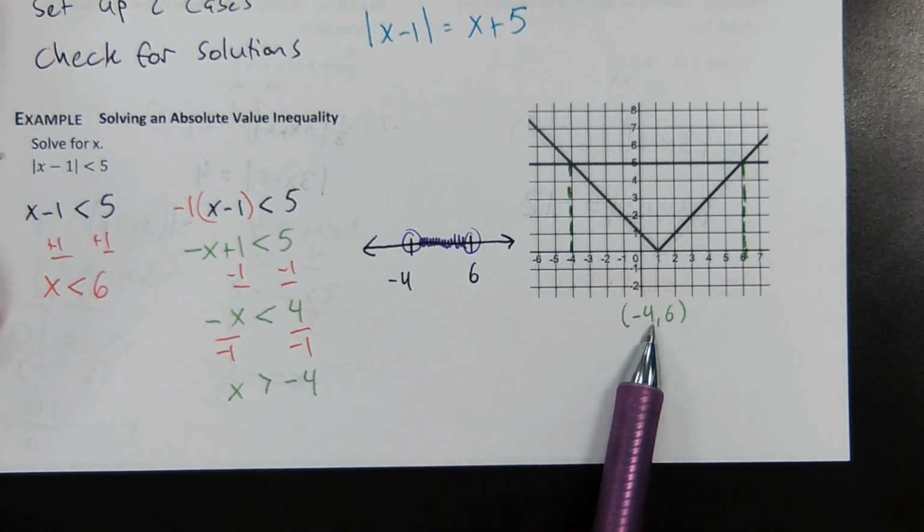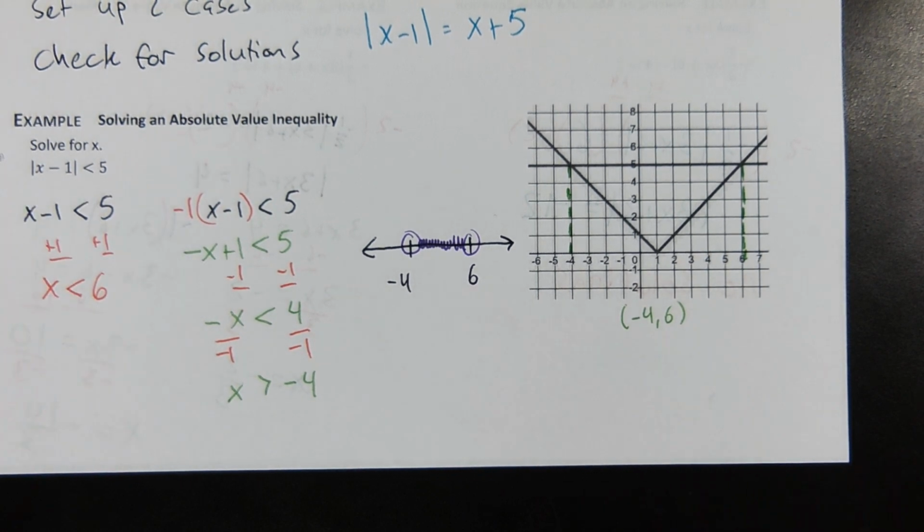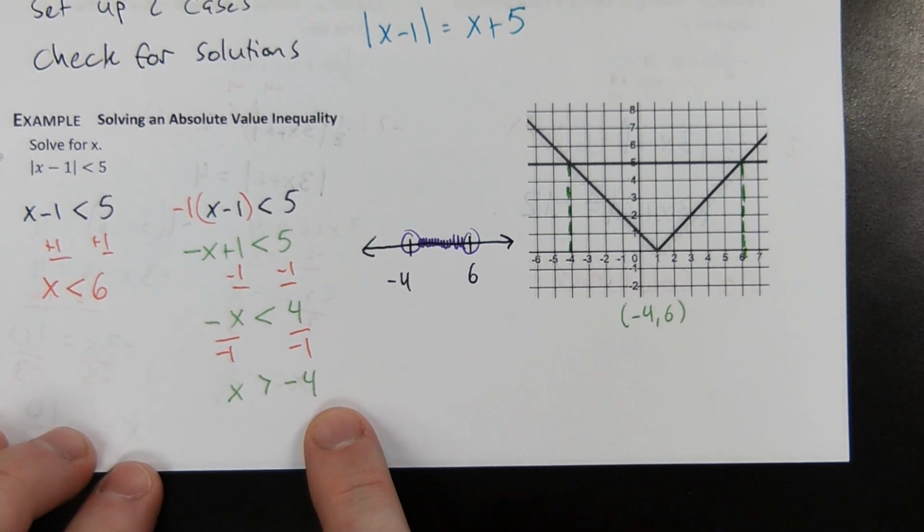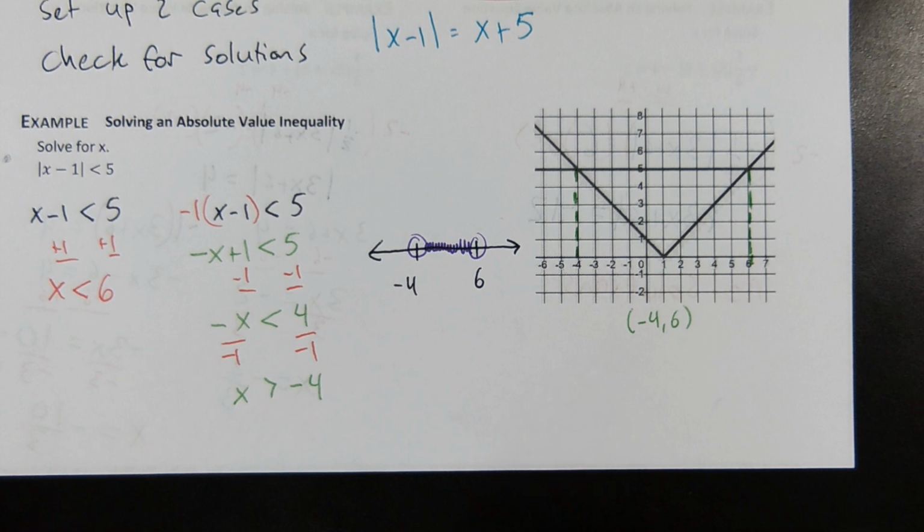And that is how we would write that, from -4 to 6 without brackets. Ta-da! Not bad, right? Not bad at all. And you could either remember to do the sign switch, or just get your x's positive by moving it to the other side.